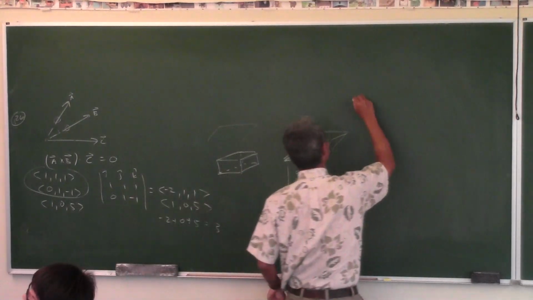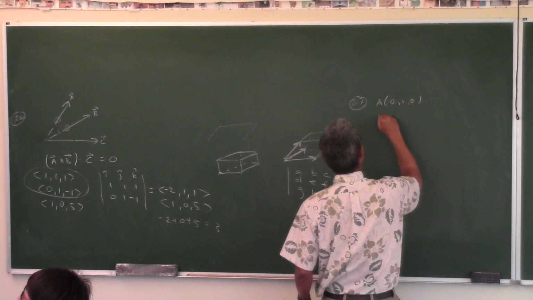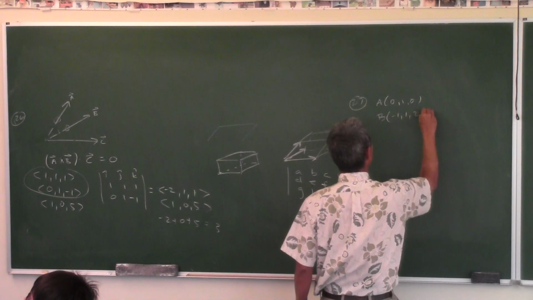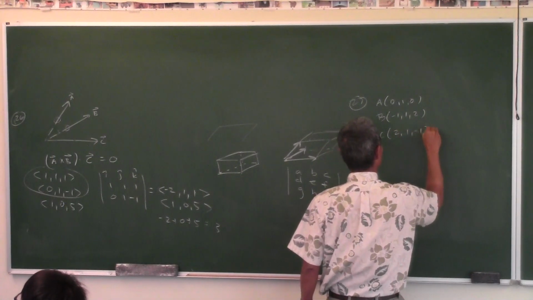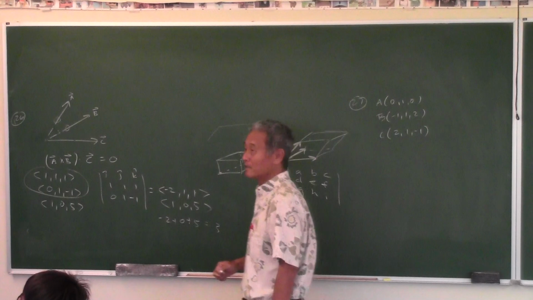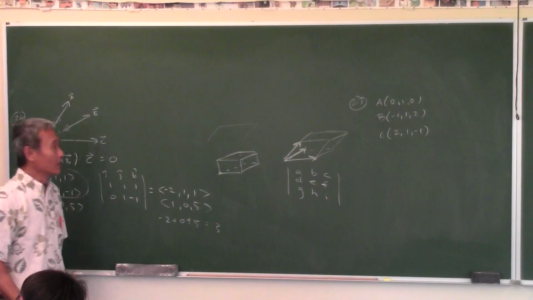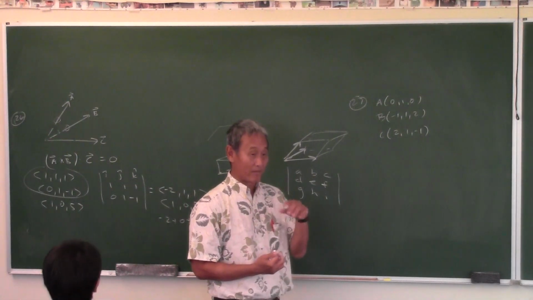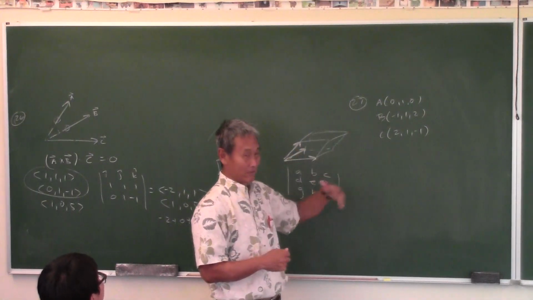Triangle ABC has vertices A (0, 1, 0), B (-1, 1, 2), C (2, 1, -1). Write the equation of the plane. Okay, look. What do you need to write an equation of a plane? You need a perpendicular vector and a point. Now, we got 3 points, so we got a point.